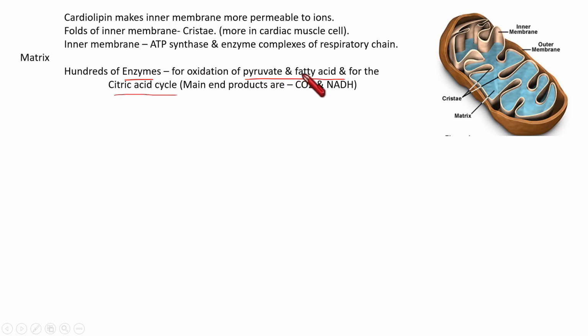Because of the oxidation of these two substances, the product formed can be used in the citric acid cycle. And from the citric acid cycle, we get end products like carbon dioxide, which we can consider a waste. Then NADH is the important thing, the bank inside the cell holding the energy. So note that name, NADH.